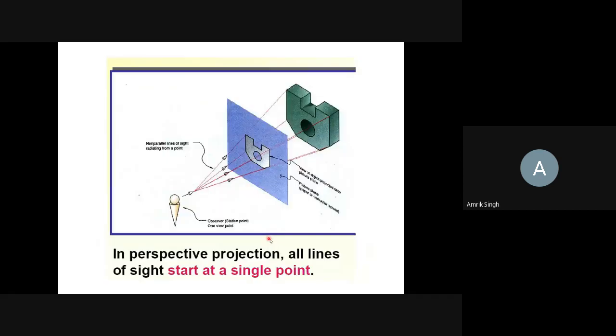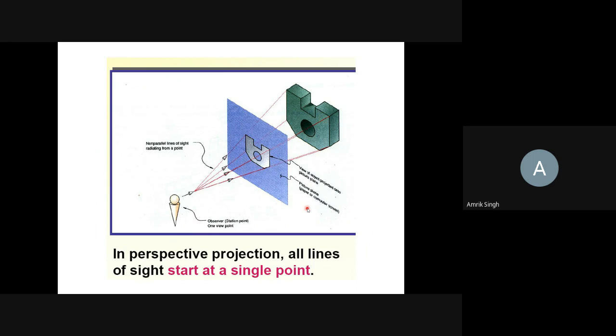Now, in a perspective projection, all the lines of sight start at a single point. So you see, this is what I was talking about. The observer is here, and all the lines of sight start from there, and he sees all the edges. When you see this object from the front, this will be the view of the object projected onto the picture plane, which is a screen.